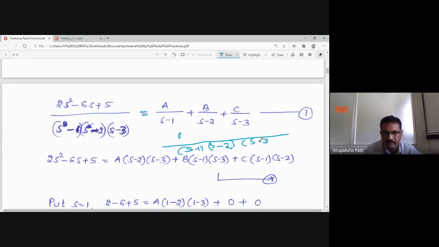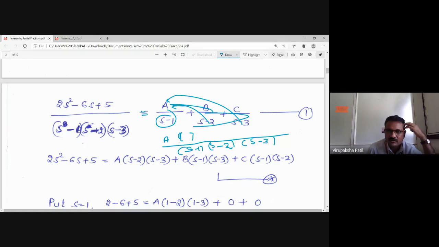So it becomes A into bracket. Which quantities are not remaining? S minus 1 is there, but s minus 2 and s minus 3 are not there. So I will multiply A by s minus 2 and s minus 3. That becomes the first term.